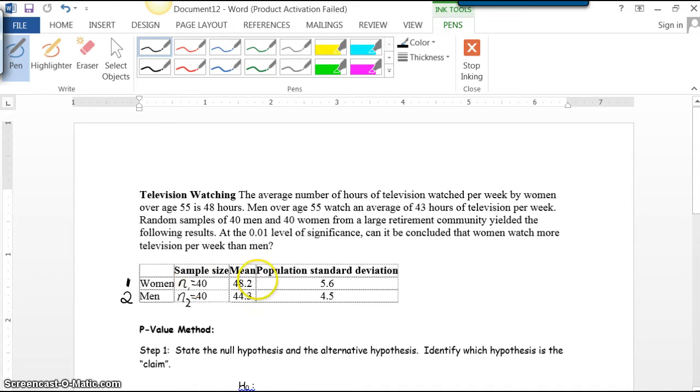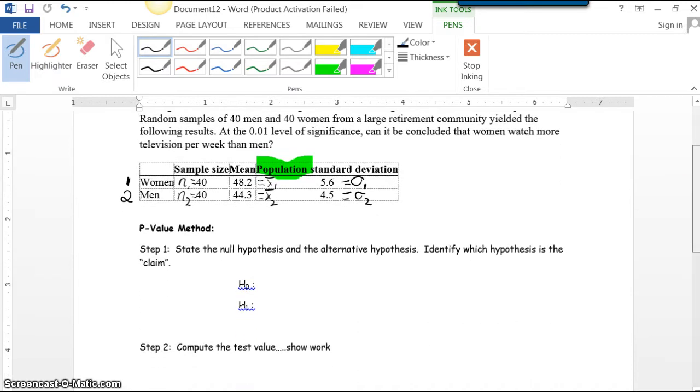And this will be the sample mean, X bar 1 and X bar 2. And this will be the population standard deviation 1 and the population standard deviation 2. Notice that we do have a population standard deviation, and because of that we will be using the Z table.